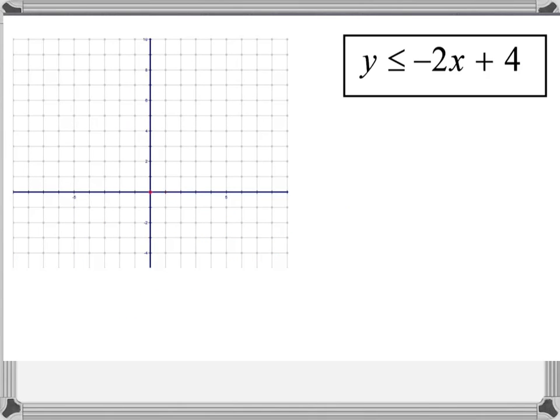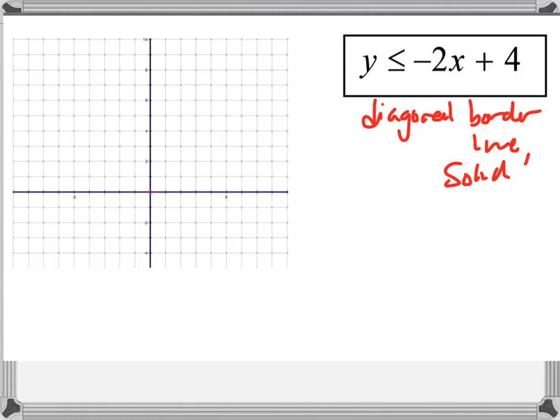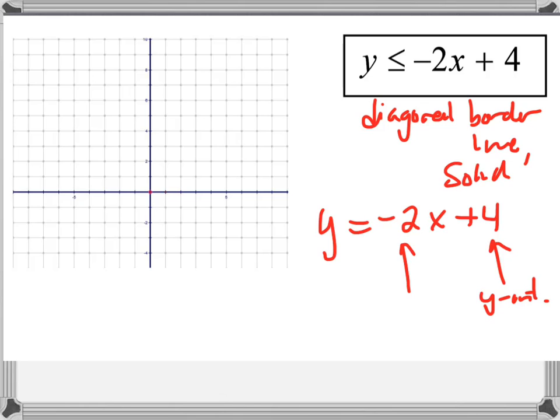Okay, for the next one, this is going to be a diagonal line. And we want to think of the border line as this line right here. That's the y-intercept, that's the slope, so I want to graph that line.